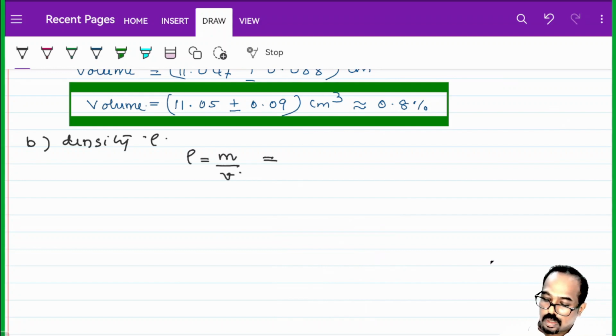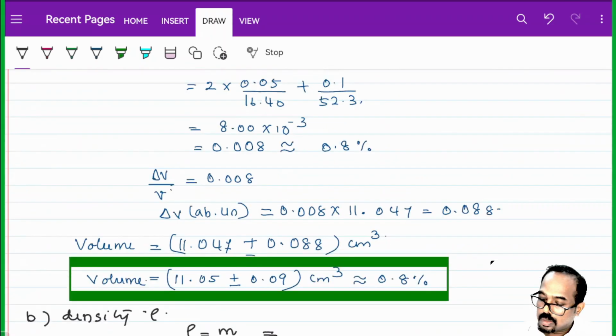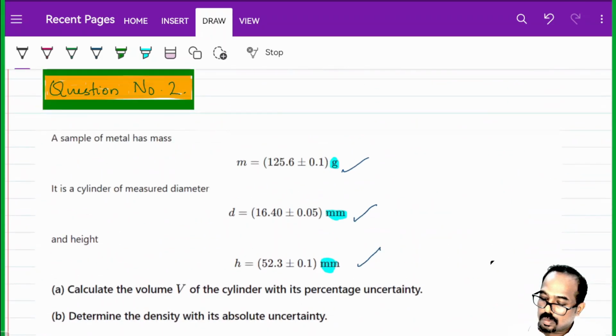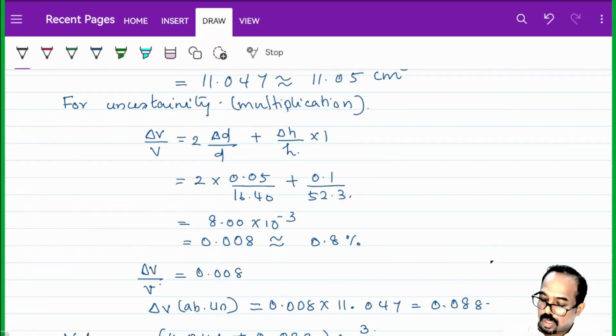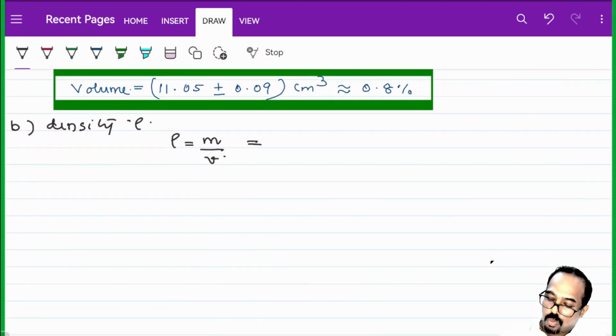Mass is given as 125.6 grams. So 125.6 upon what is the volume? 11.05.